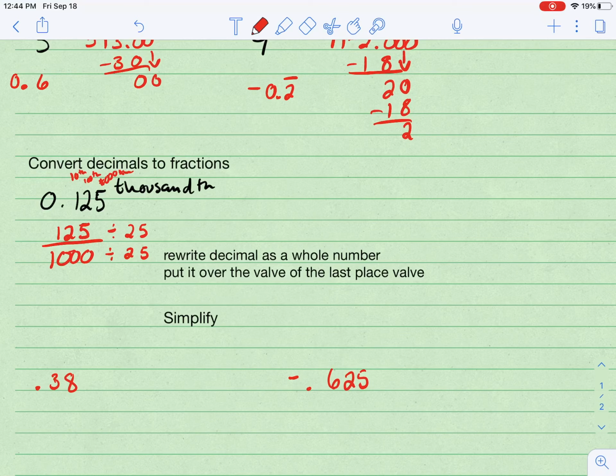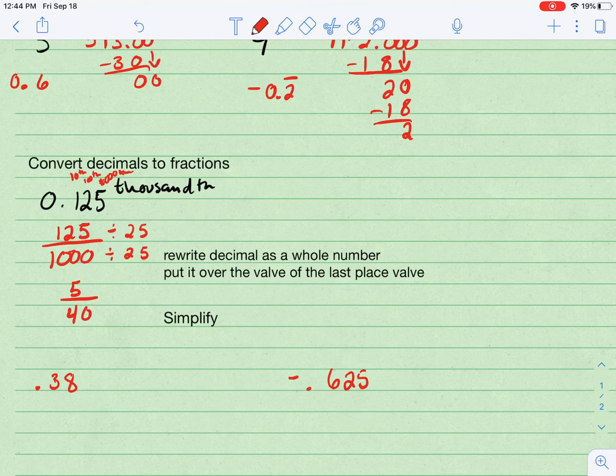So 125 divided by 25 is going to be 5. And 1,000 divided by 25 is going to be 40. Okay, so let's see, is that correct? Yes, because 25 times 4 is 100, so yes, 40.